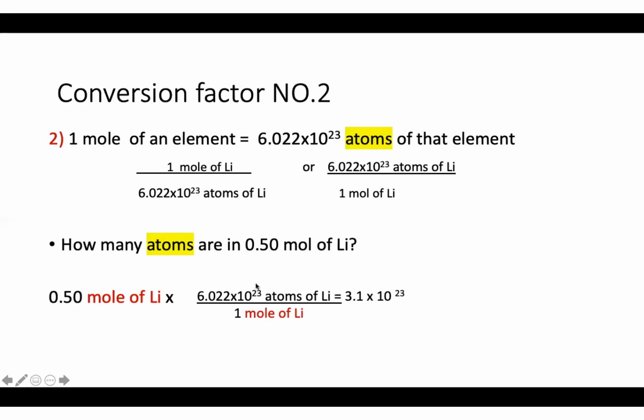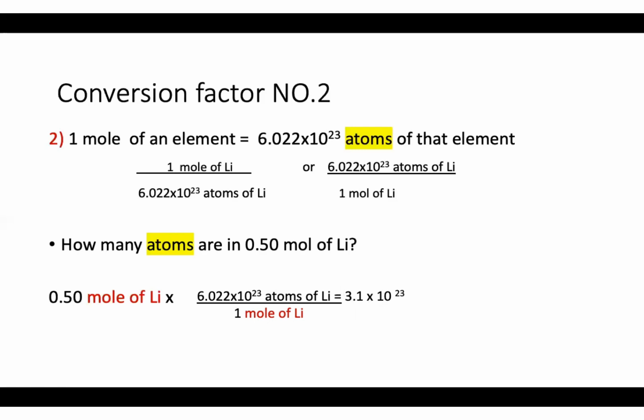What is asked for in the question, which is atoms, should match the top unit in the final equation. So my final answer is 3.1 times 10 to the power of 23 atoms of lithium. Make sure that you have 2 sig figs in the answer, which matches the 2 sig figs in the given number.